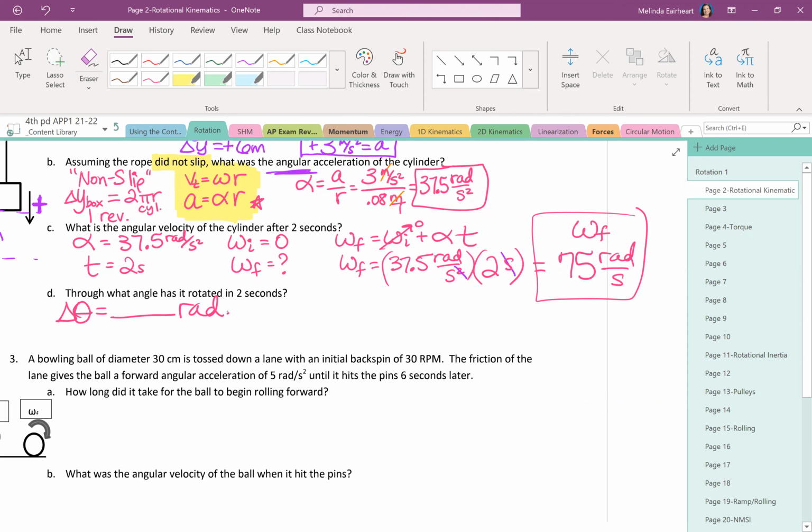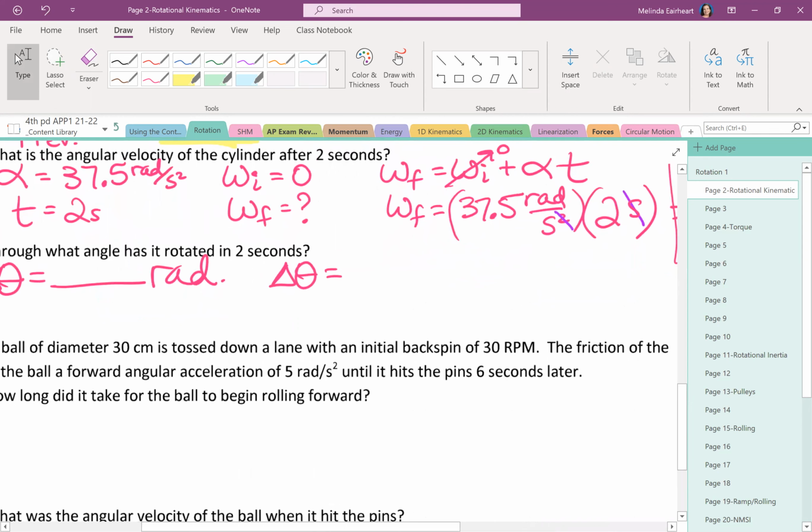How do we solve for delta theta? I'll accept one of 2 equations. The second one is probably the most popular because it's typically already solved for delta theta. And so it's omega I T plus 1/2 angular acceleration times time squared.